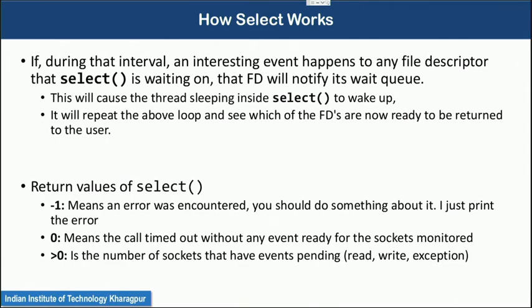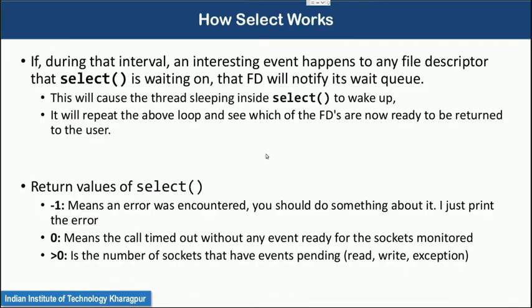During that interval, if an interesting event happens to any of the file descriptors that select is waiting on, that file descriptor will notify its wait queue. This will cause the thread sleeping inside select to wake up, and it will repeat the above loop and see which of the file descriptors are now ready to be returned to the user.